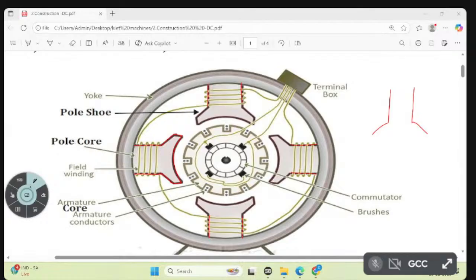So what is the purpose of using this pole shoe? What is the use of a pole? It will deliver the flux or absorb the flux. If it is a north pole, flux will be delivered. If it is a south pole, flux will be absorbed, like this.